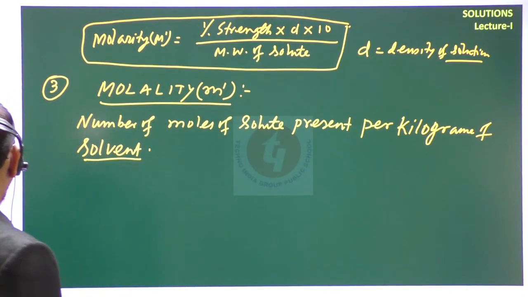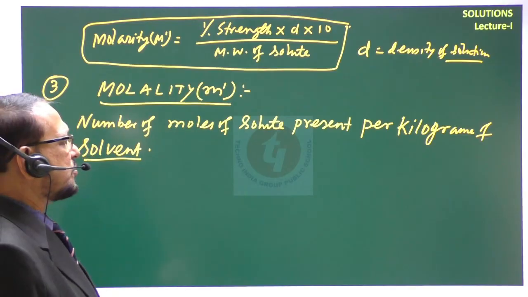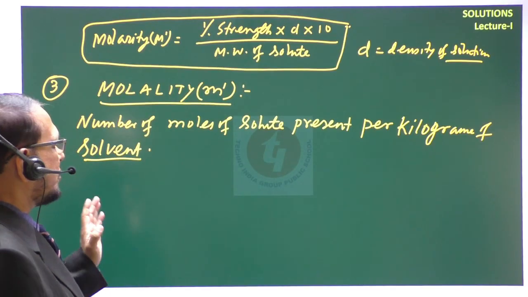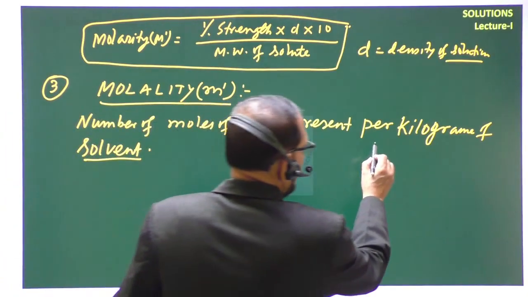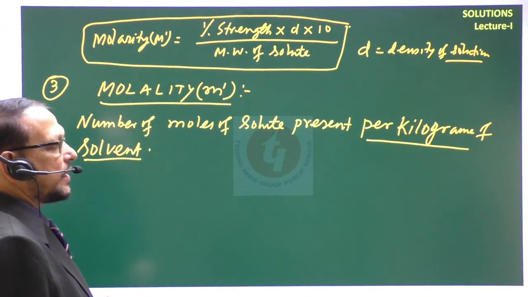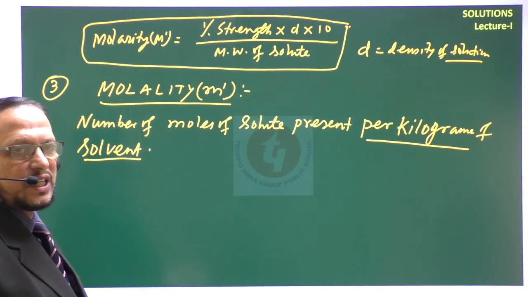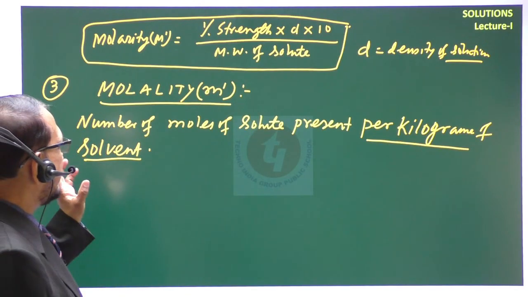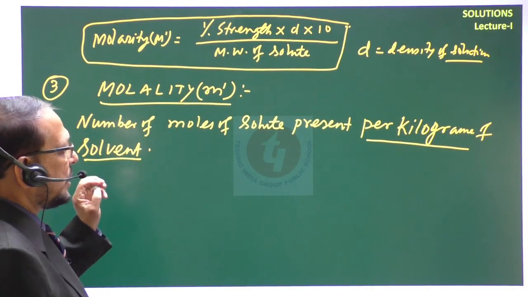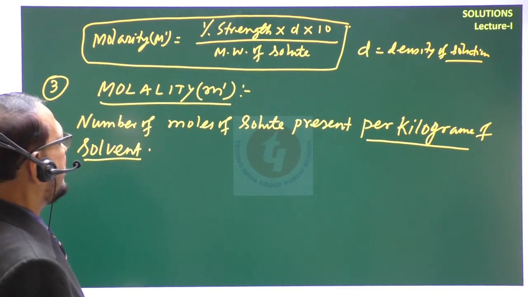Previously I told you molarity is the number of moles of solute present per liter of solution. This is not per liter of solution, it is per kilogram of solvent. Among all concentration terms, it is molality which is per kg of solvent.